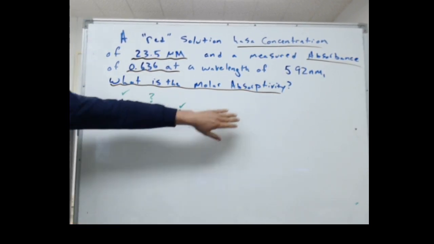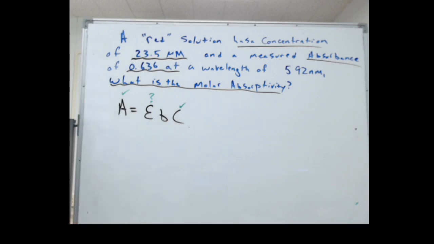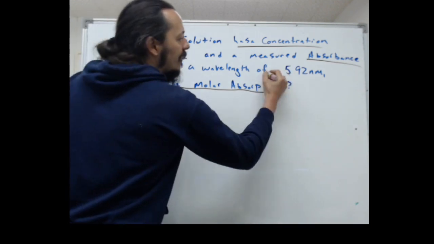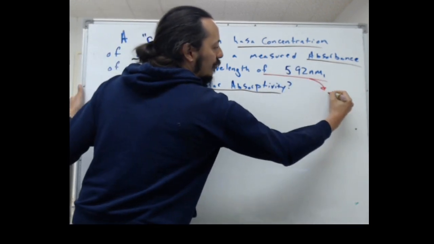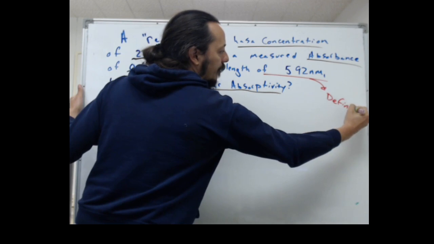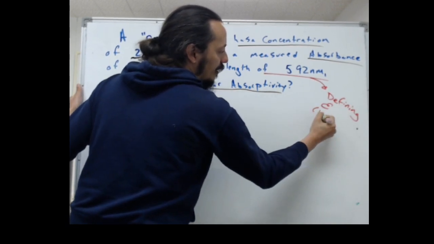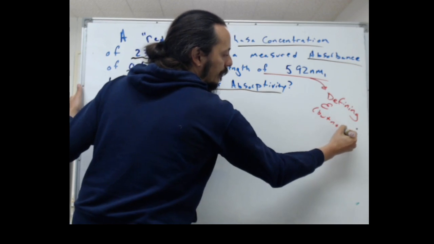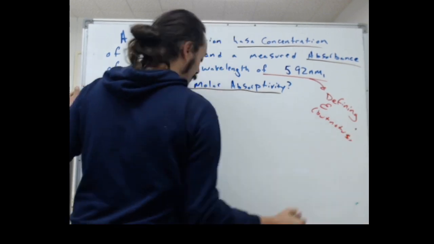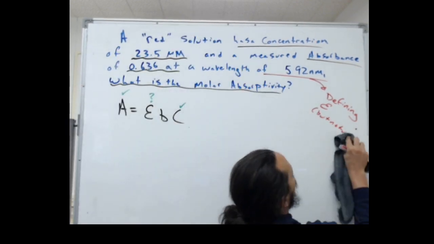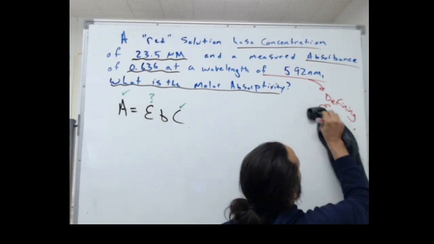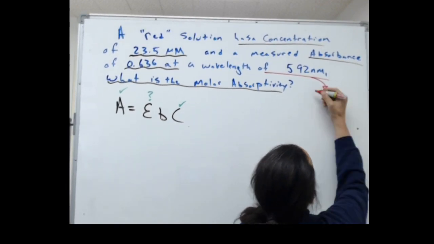You'll notice I didn't underline the 592. That is because this number is actually not necessary for doing the calculation. This is necessary for defining epsilon, but not used in calculation. Ooh, that's bad writing. Let's fix that.